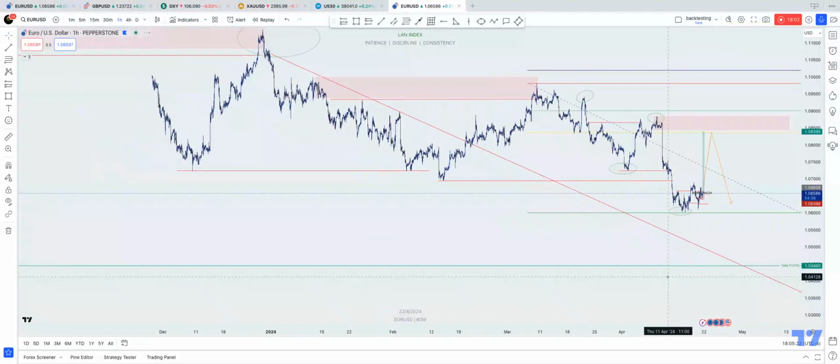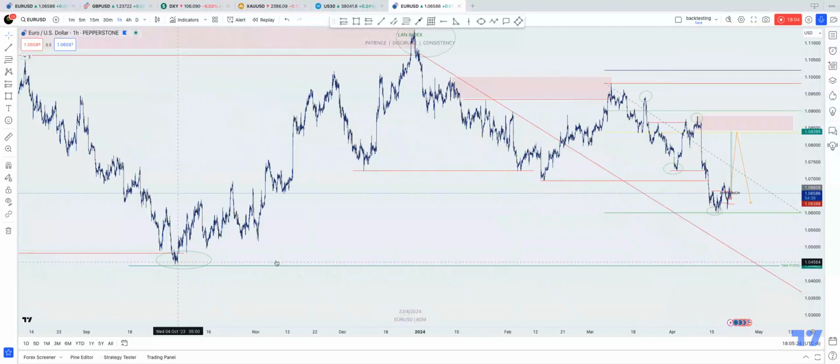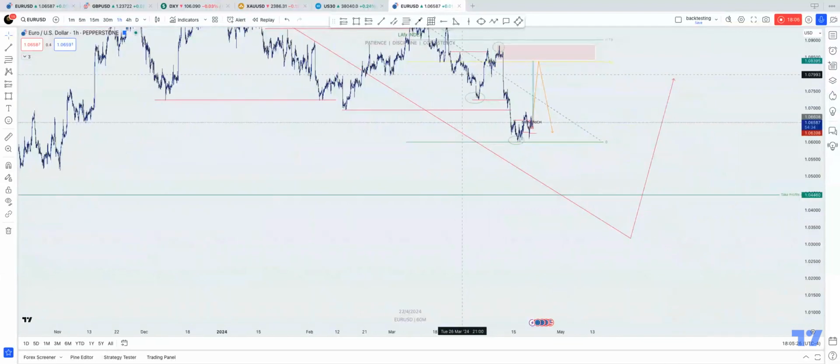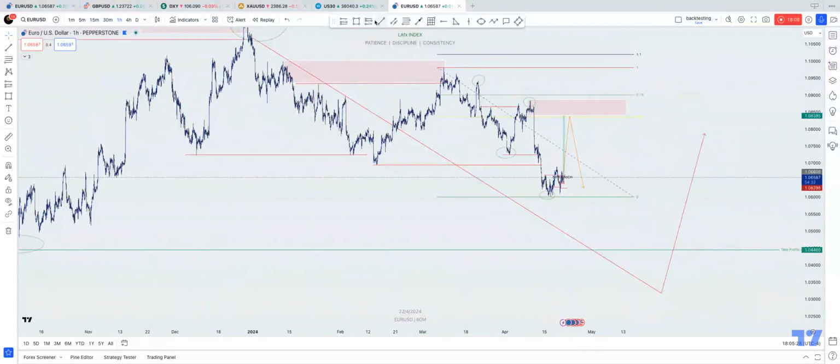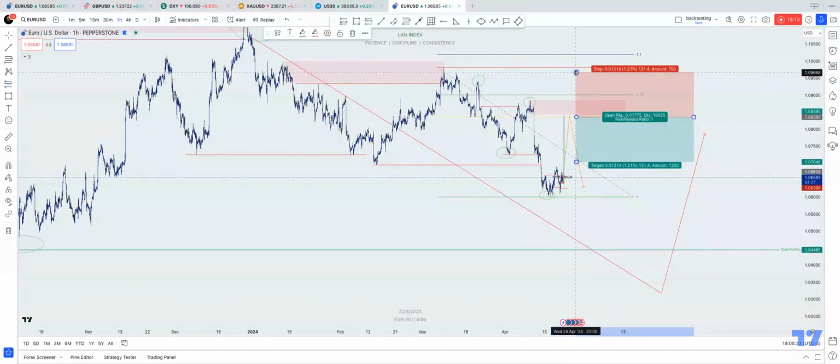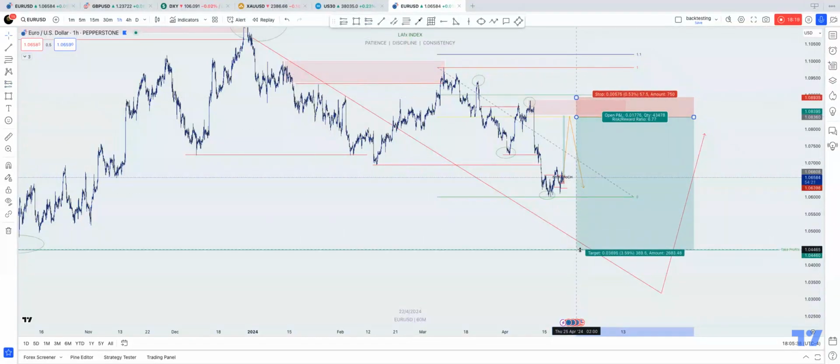And from there, we should be targeting this low. So then we'll have a beautiful trade from here, all the way there, right?